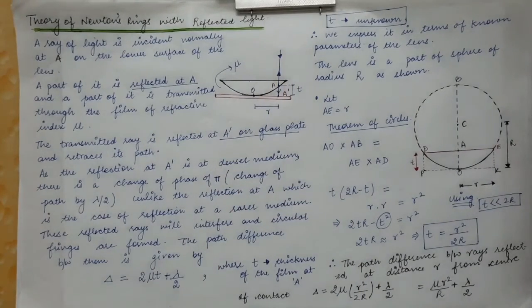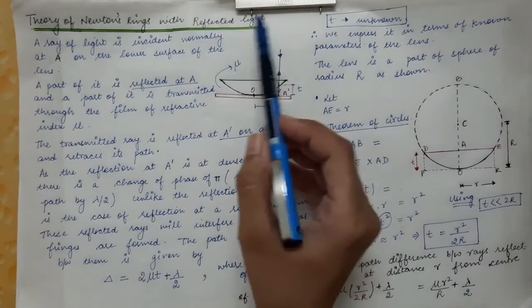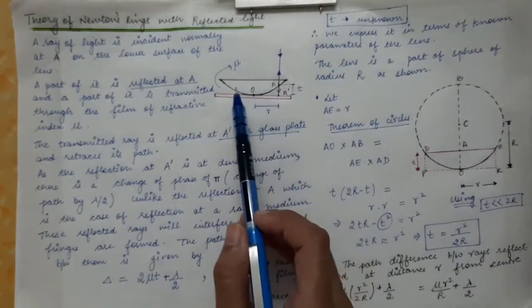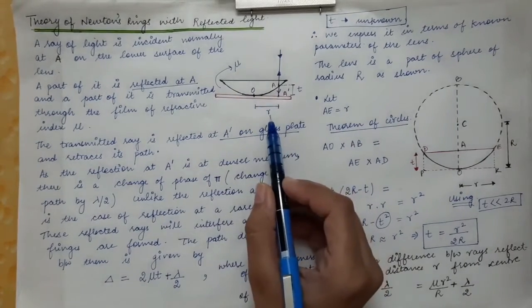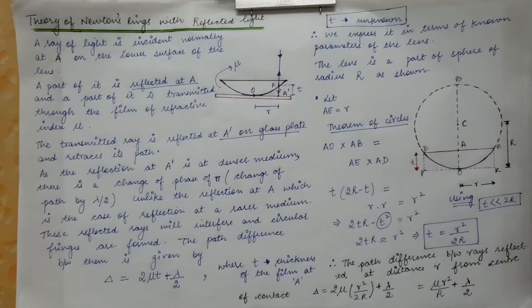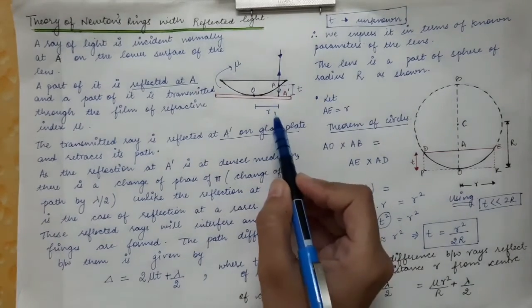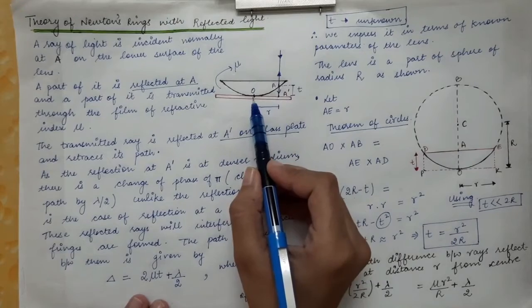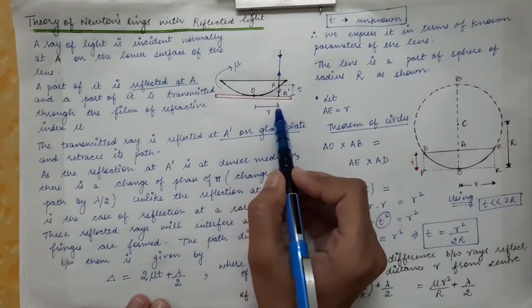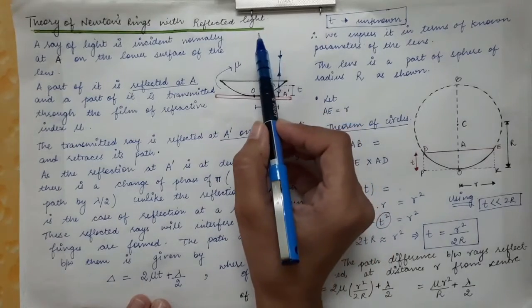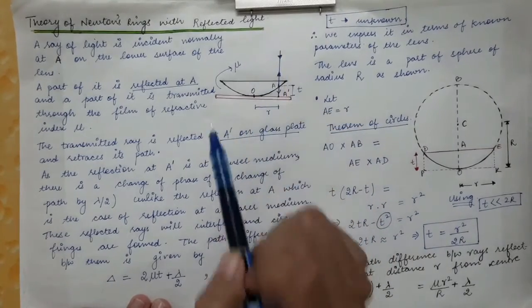So these are the fringes of equal thickness. Corresponding to every fringe there will be an equal thickness of the air film. So this distance also corresponds to the radius of the circular fringes.